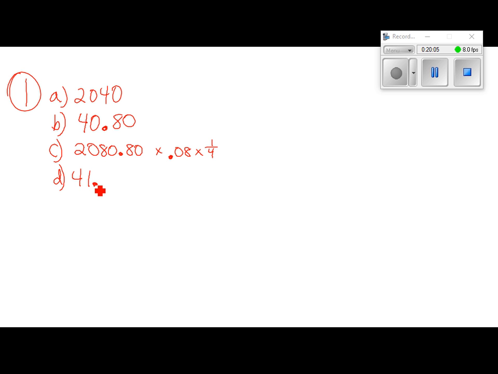So how much interest did she earn in the third quarter? $41.62. Now we take the answer from C, the answer from D, and add those two together. That'll tell us how much she has in the account now.